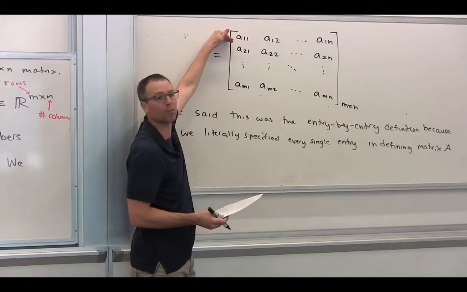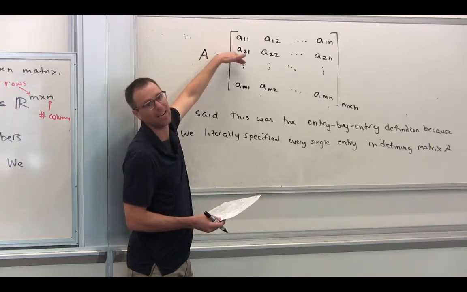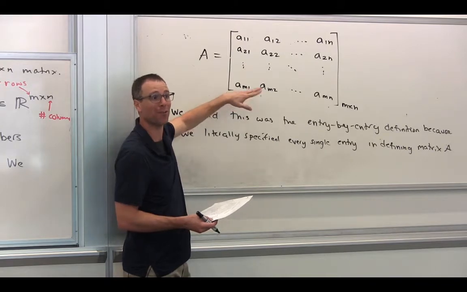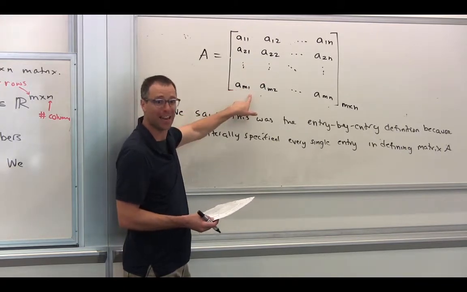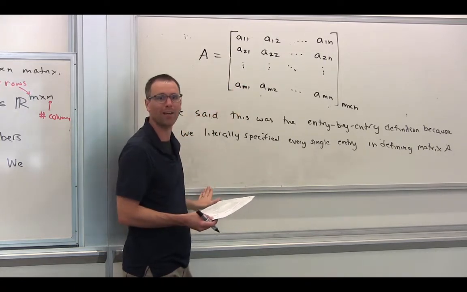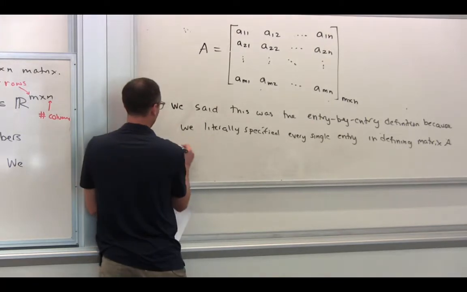In row 1, I'd have to define n of them. In row 2, I'd have to define n. In row 3, n. All the way down to the last row, which I would also have to define n of them. There are a total of m rows, so how many total entries would I have to define? M times n.